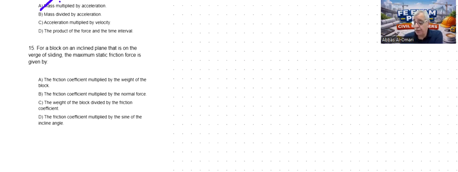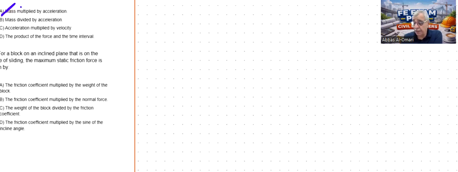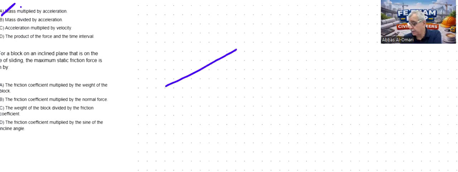So if you have an object on an inclined surface, like if this is an inclined surface, and we have an object here, for example, I just want to show the forces acting on the object.